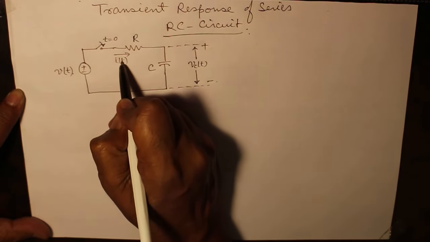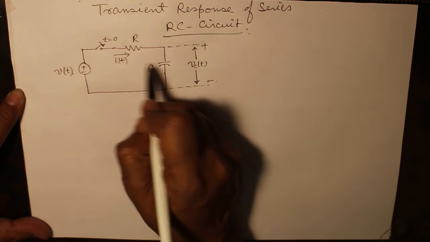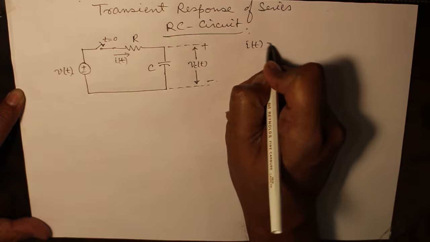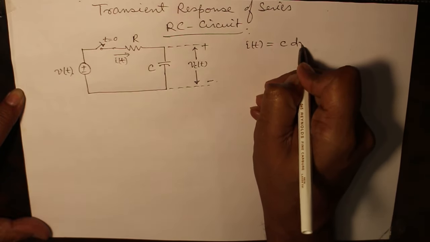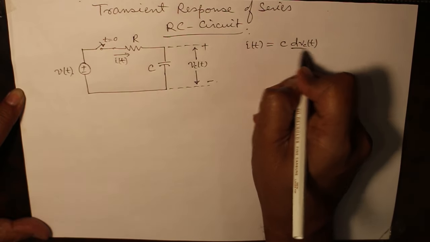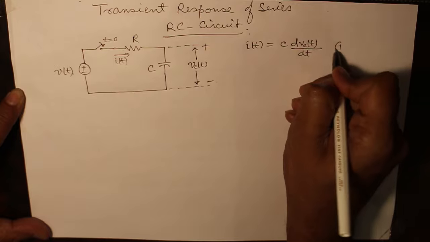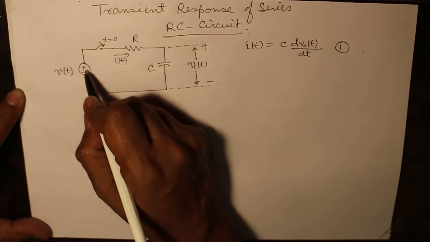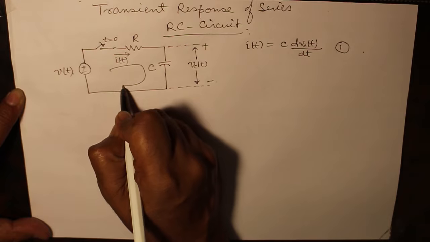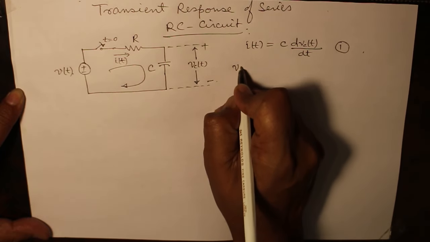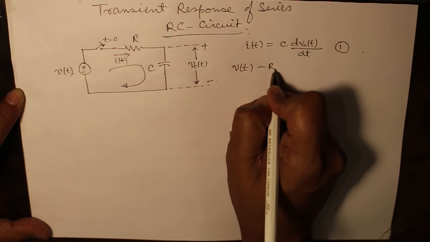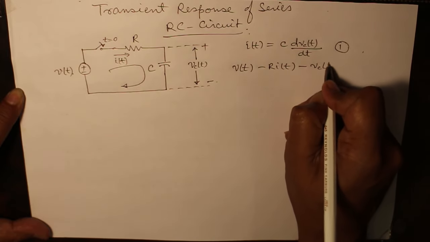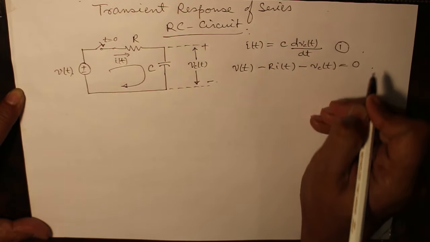See how we proceed. So, what is the current which will flow in this circuit? iT. What will be the relation between the voltage and the current? iT is equal to C dVc by dt. Applying KVL in this loop. vT minus R iT minus vC(t) is equal to 0.